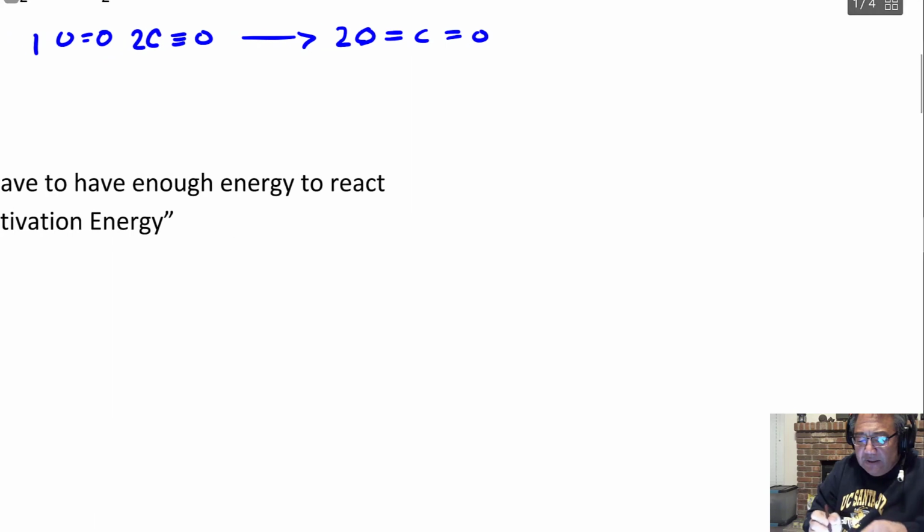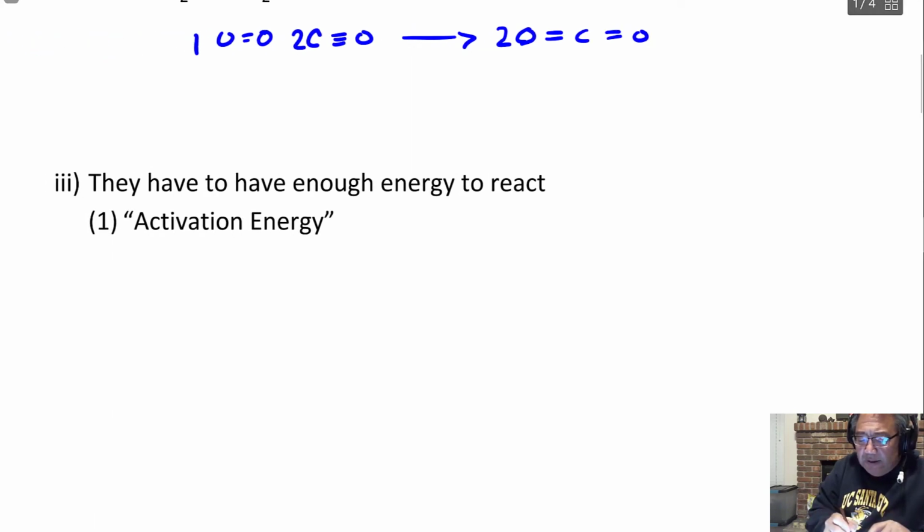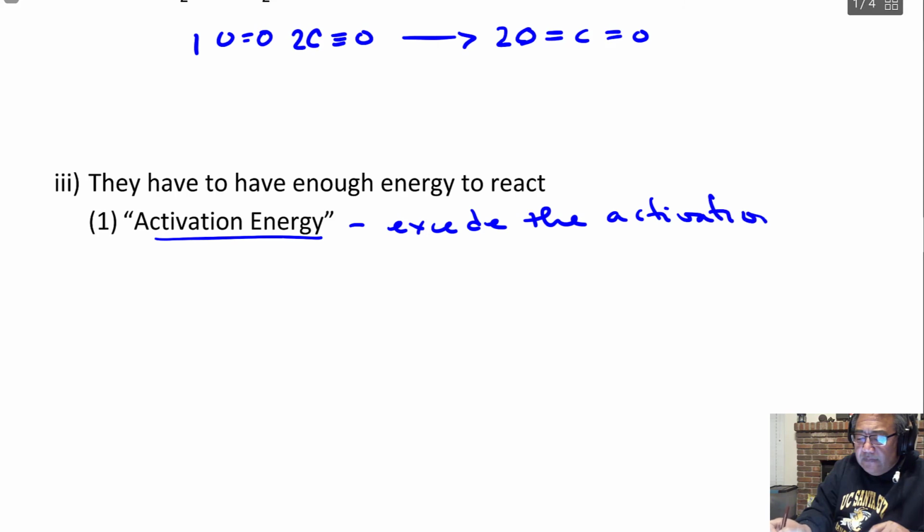The activation energy is what we call it, has to be high enough. You have to have enough energy to exceed the activation energy. And really, most of what that energy is, this is to break bonds.